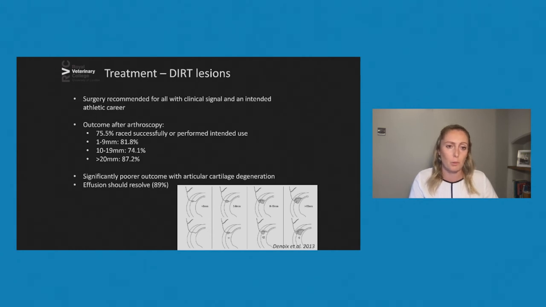And we have variable return to use for the differently sized lesions, but they don't necessarily agree with the size of the lesion. There was a significantly poorer outcome with articular cartilage degeneration, and the effusion of the tarsal joint should resolve in 89% of cases.